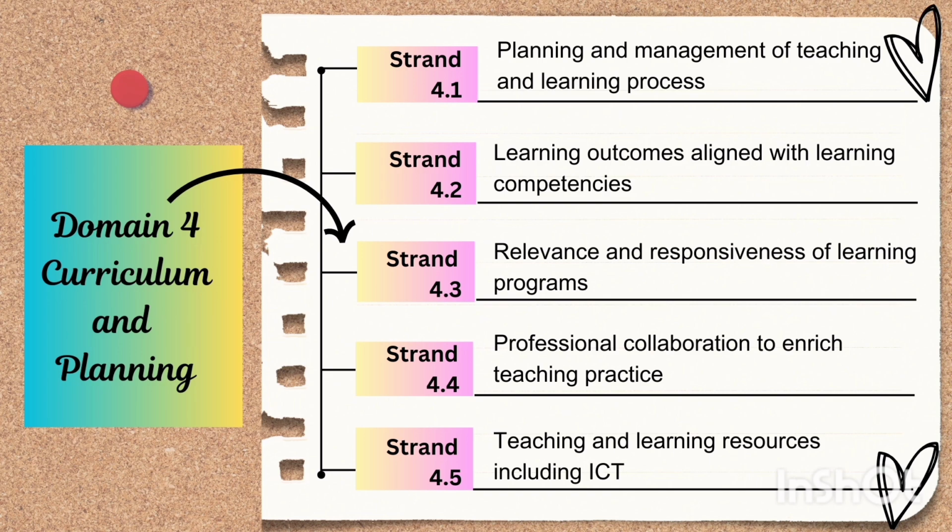So, domain 4, curriculum and planning. Strand 1, planning and management of teaching and learning process. 2, learning outcomes aligned with learning competencies, relevant and responsiveness of learning programs, professional collaboration to enrich teaching practice, teaching and learning resource including ICT. So, these points emphasize the importance of effective planning, collaboration, and resource utilization in promoting quality education.